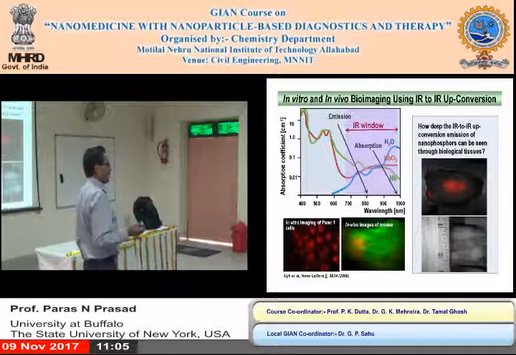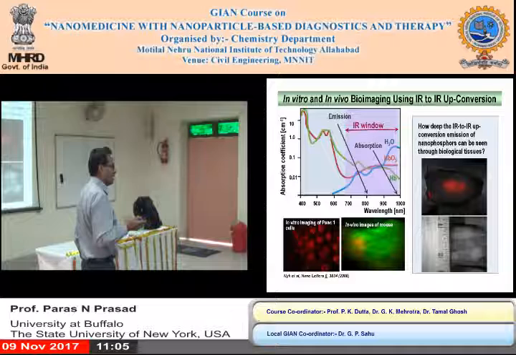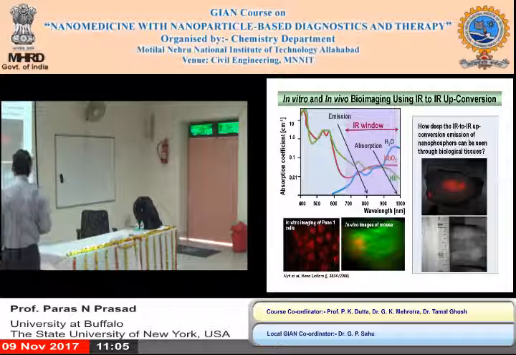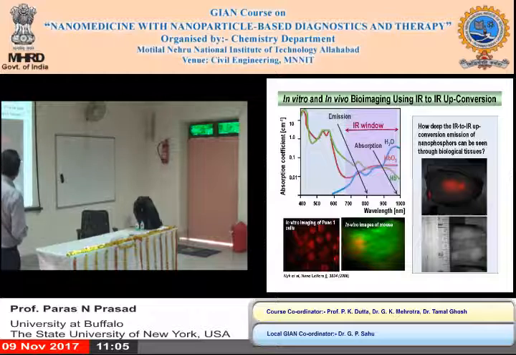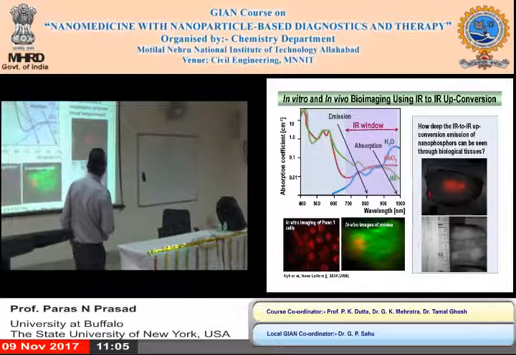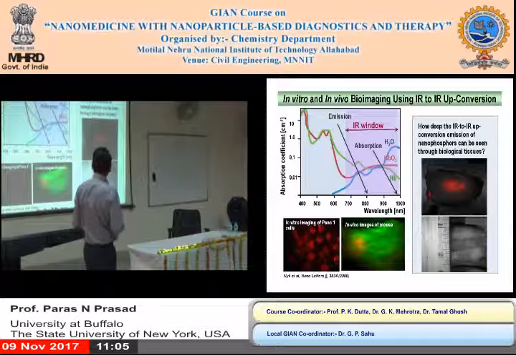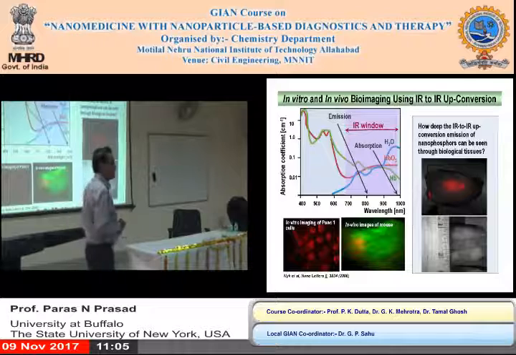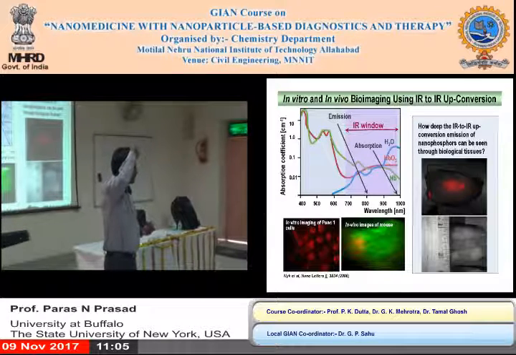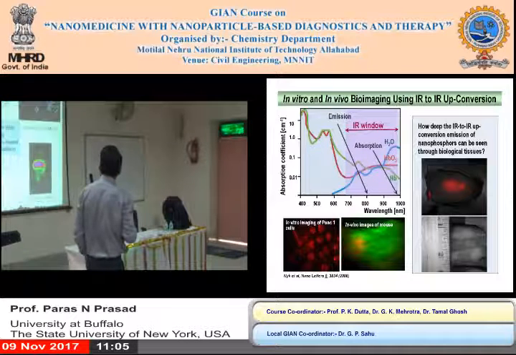The other one was not, because I said, okay, you're imaging, I don't know how deep it goes. Later on you'll see that we took a human skull, and we showed that this light can go through the skull, and you can image from under the skull at this wavelength, without making an incision or anything, just send light. So that shows the power of it.